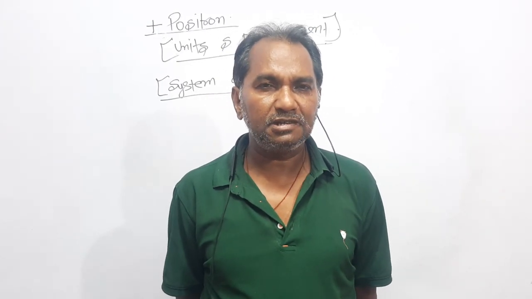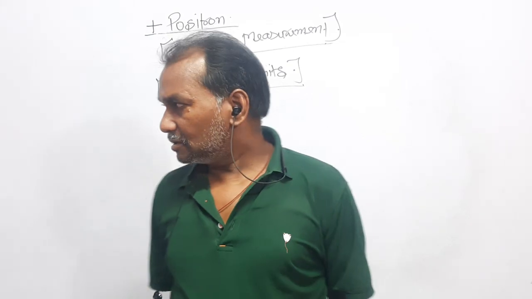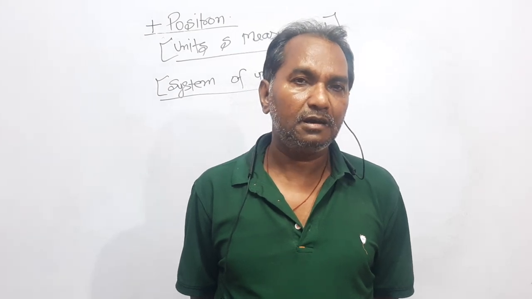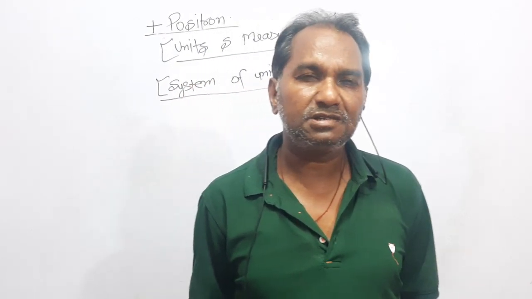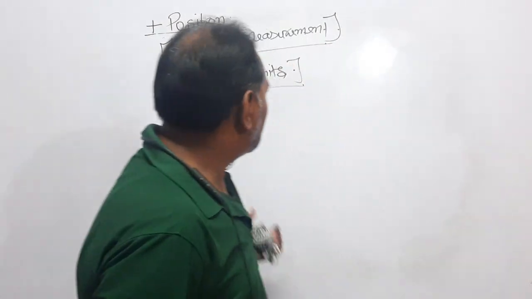To carry on business between different countries, we needed a uniform system of units, because in olden days, even in India, different states and cities used local units. Business can grow only when we have a uniform system of units. So the Office of Weights and Measures was established, I think in 1888 or 1890, in Sèvres, a place near Paris, the capital of France. Now, dear students, let's begin.